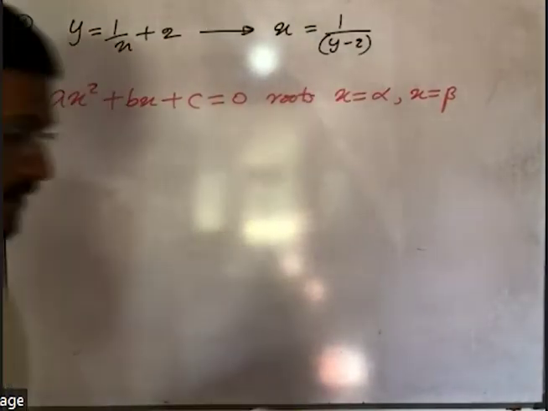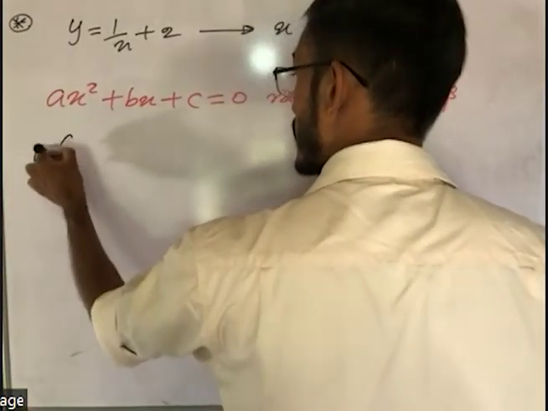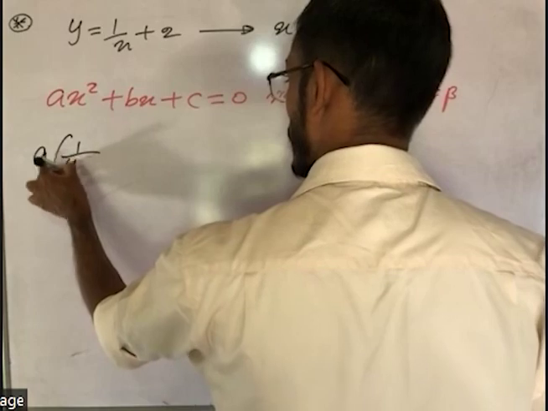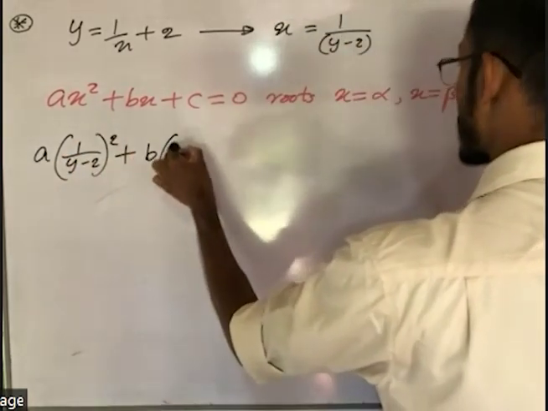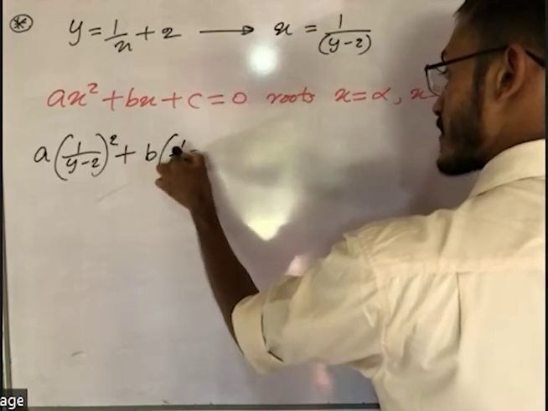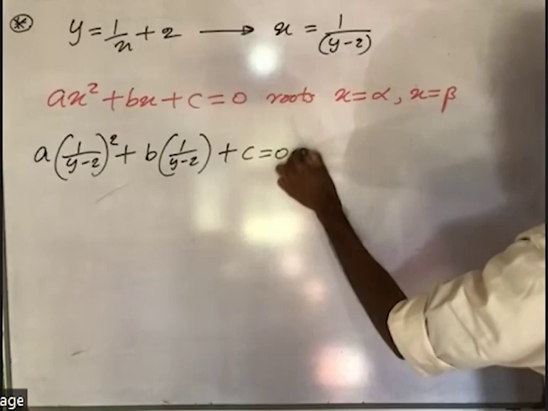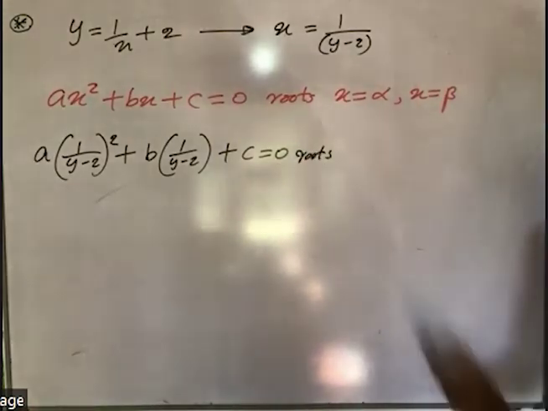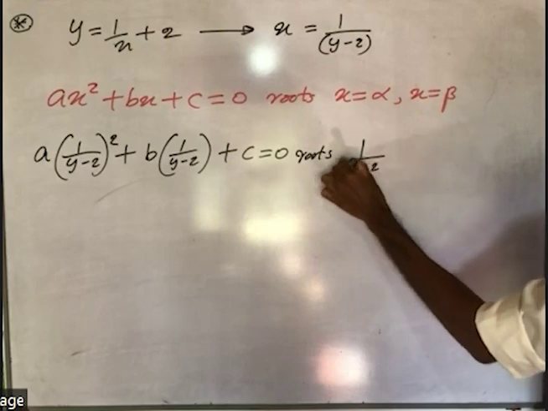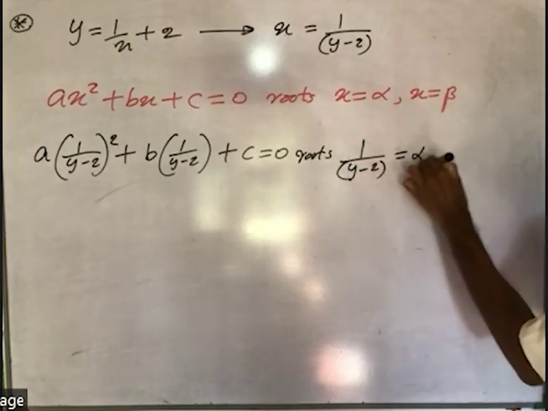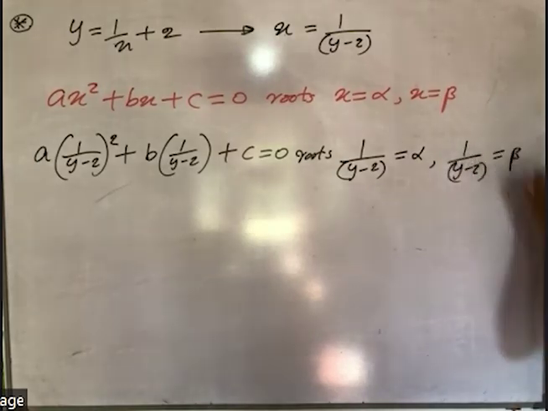So instead of x, write a times 1 over y minus 2 square of the whole thing, plus b times 1 over y minus 2, plus c equal to 0. Here the roots are, instead of x, 1 over y minus 2 equal to alpha, and 1 over y minus 2 equal to beta.